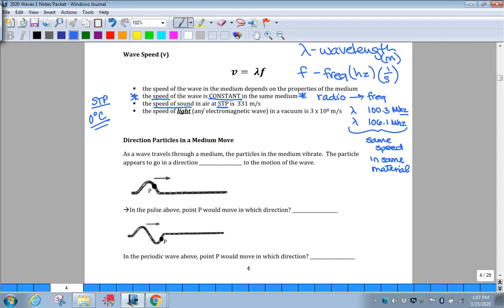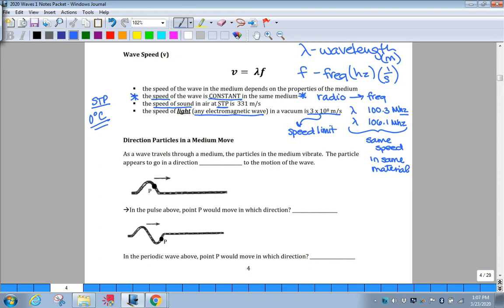All right, and the speed of light. That's any electromagnetic wave, anything on the electromagnetic spectrum, whether it's gamma ray, infrared, microwave, visible light, whatever it is. The speed of any electromagnetic wave in a vacuum is 3 times 10 to the 8th meters per second. This is the speed limit for all things in our universe.